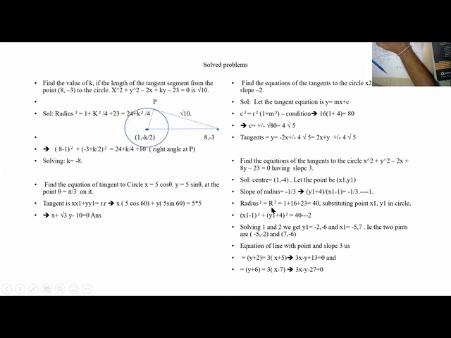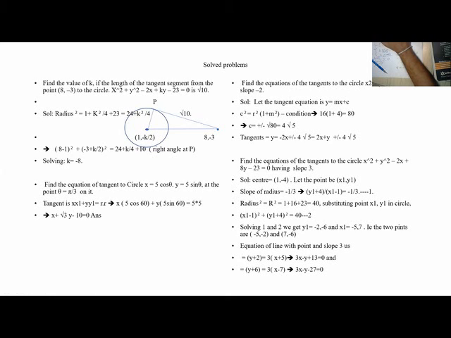So we got radius square as g square plus f square minus c, which is 40. Now we are substituting x1, y1 in the circle, written in the form (x minus h) whole square plus (y minus k) whole square is equal to r square.